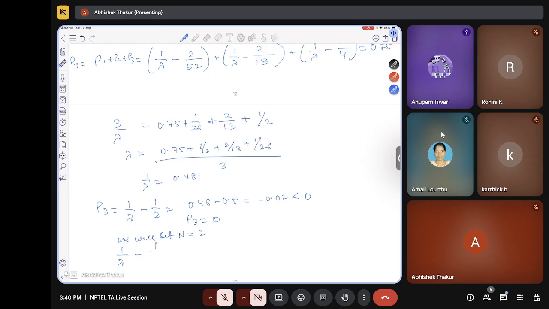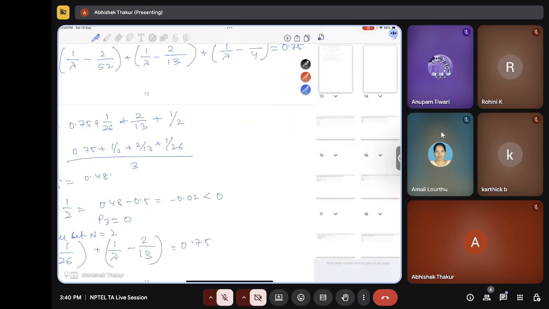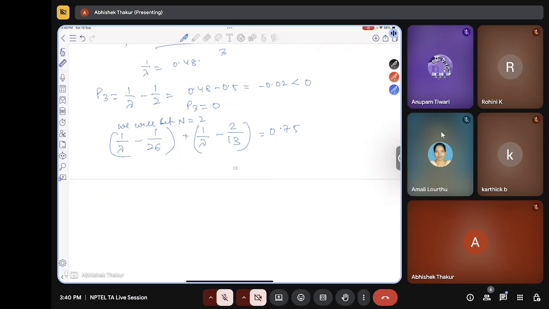So 1 by lambda minus 1 by 26 plus 1 by lambda minus 2 by 13 is equal to 0.75. So now again we find 2 by lambda is equal to 0.75 plus 1 by 26 plus 2 by 13.